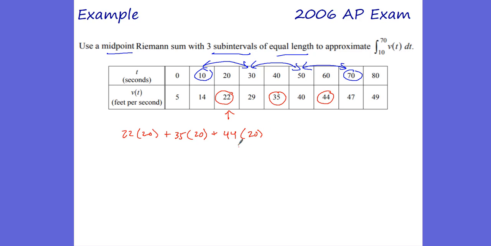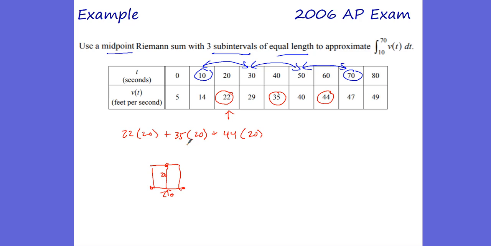So we're doing our midpoint Riemann sums. Remember the midpoint Riemann sums, if you graph this out, the middle between your 10 and 30 point is right at 20, and that was 22 units high, and so we were doing a little rectangle there. 22 units high, and 20 units in width because it's from 10 to 30.